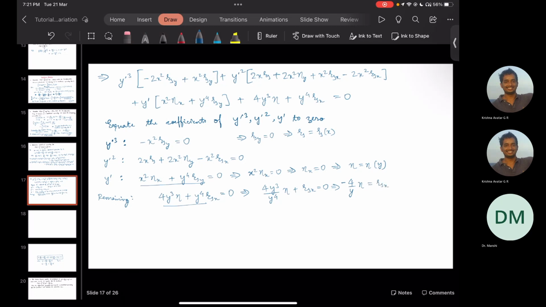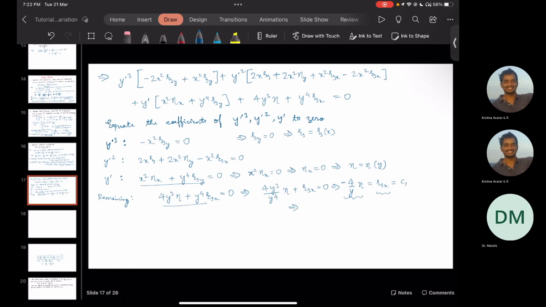now what you see here is this is purely a function of x and this is purely a function of y, right? This follows from eta being a function of y. So for this equation to hold, you must have both the quantities be equal to some constant c1, right?